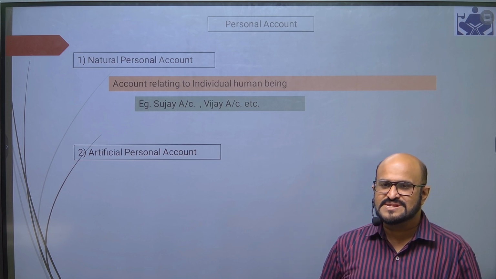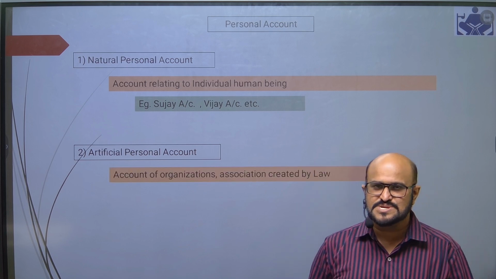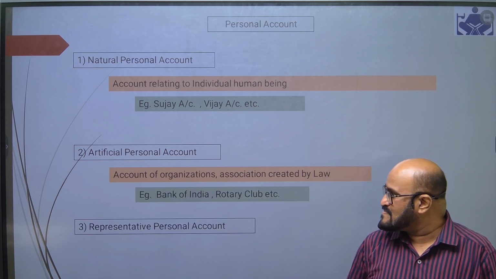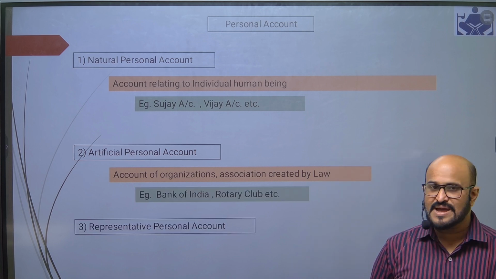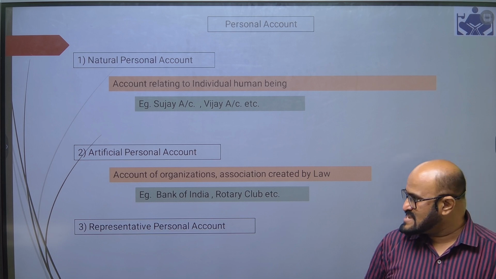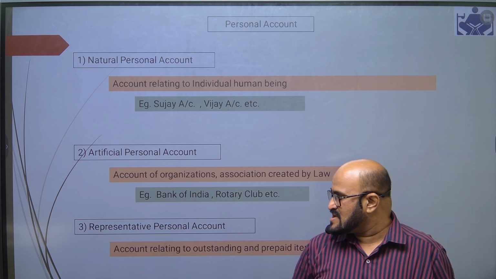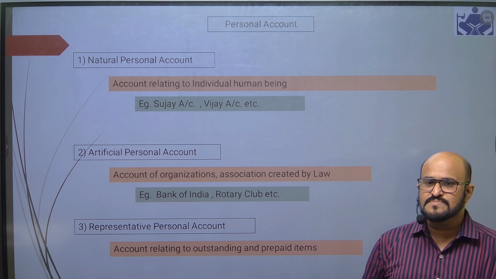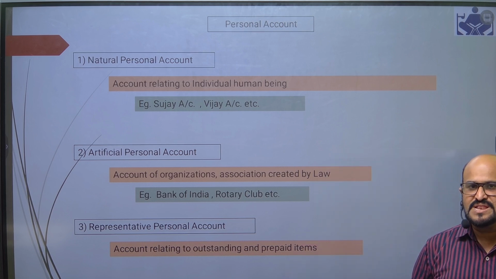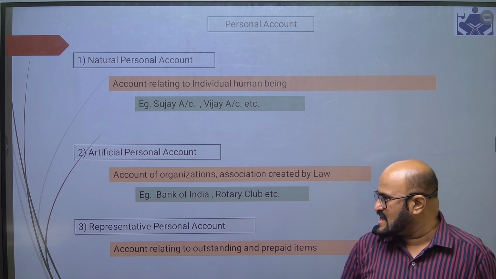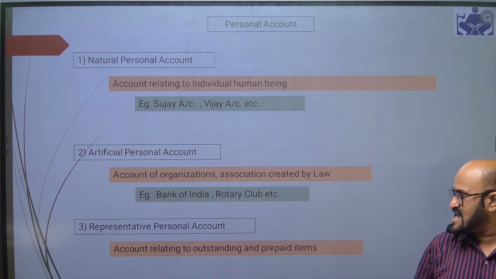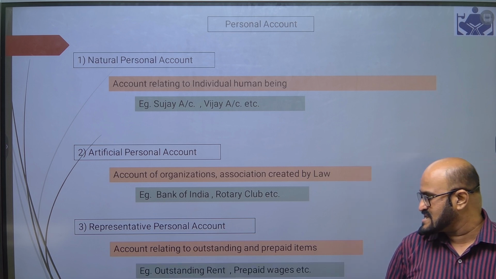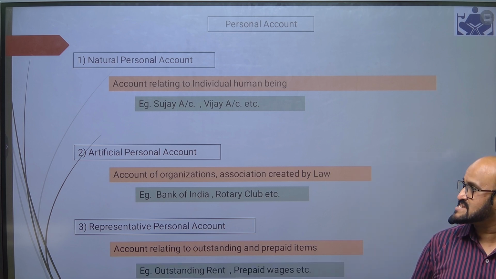It is generally any organization or institution which it is representing. So here we can have Bank of India, Rotary Club and all. Now the last one is representative personal account, which is representing any particular individual to whom the amount has to be payable yet. So here we have accounts relating to outstanding and prepaid items. We can see examples such as outstanding rent, prepaid wages, etc.